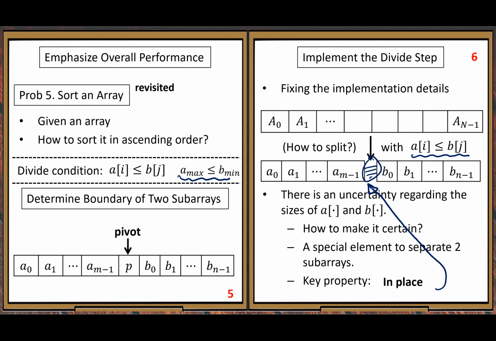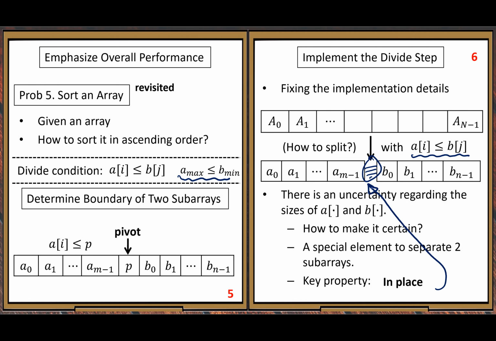That's the amount of work we need to do in the divide step. If you can do that, then you complete the critical step. The remaining work is much simpler. We don't worry about the remaining work: almost nothing for the combine step, and the conquer is just recursion. So we get a whole sorting algorithm.